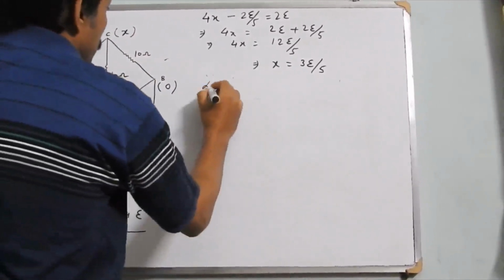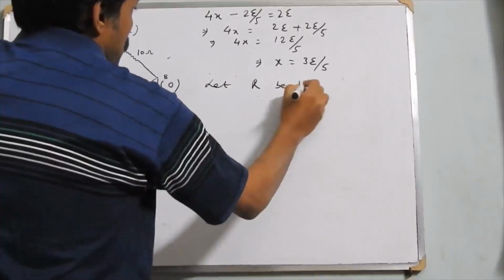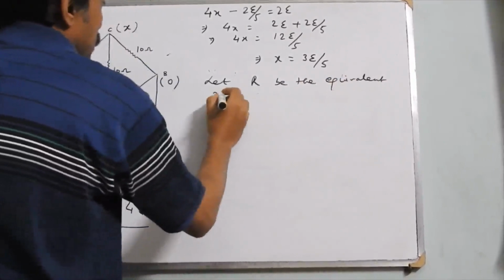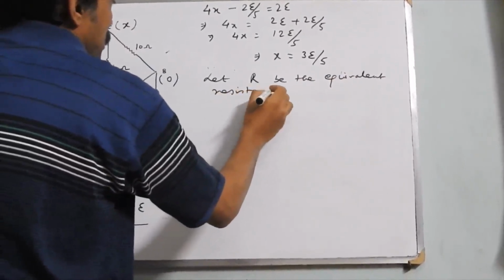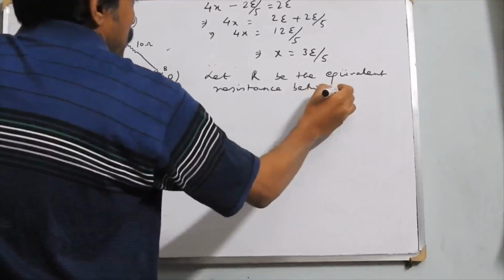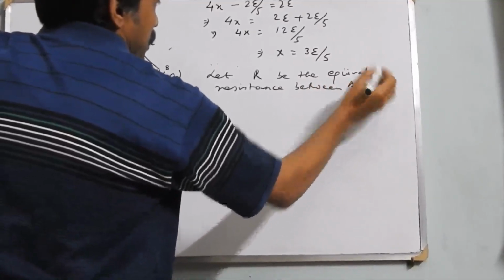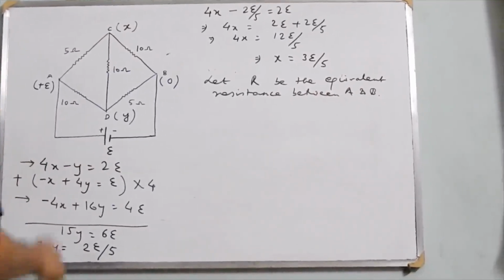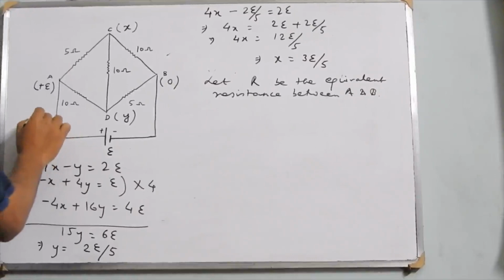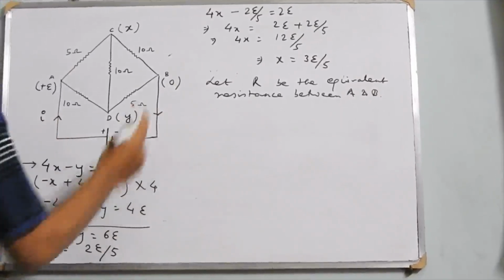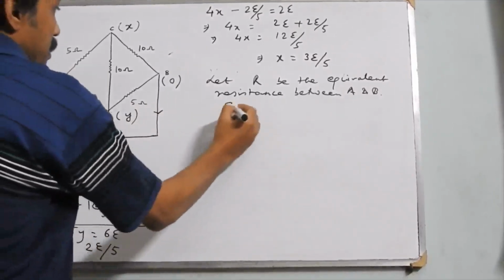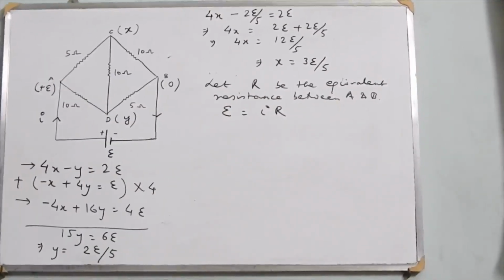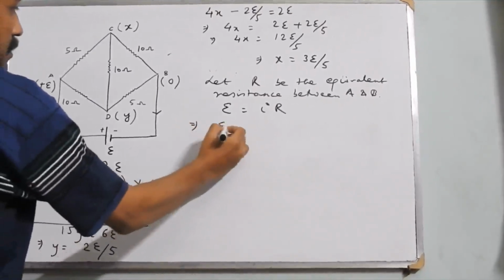Let capital R be the equivalent resistance between A and B. So suppose the battery is capable of delivering current I. And so by Ohm's law, you can write epsilon is equal to I into R.